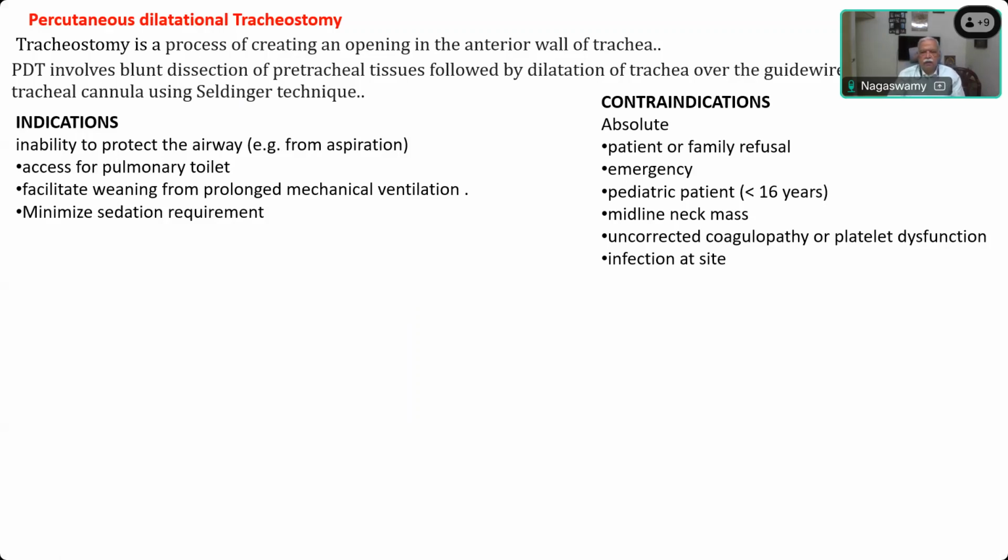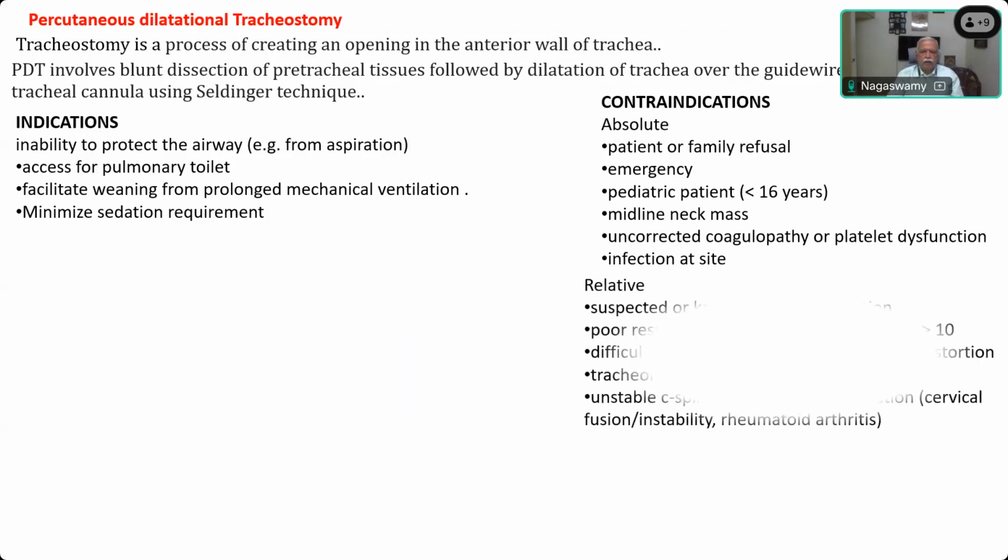So this is not the technique for emergency airway obstruction, and it should not be done in pediatric patients less than 16 years. And if a patient has a midline neck mass like a thyroid swelling, of course you can't do it. Any uncorrected coagulopathy or platelet dysfunction is also a contraindication, as the patient may have severe bleeding, and any infection at the site of doing this also is a contraindication.